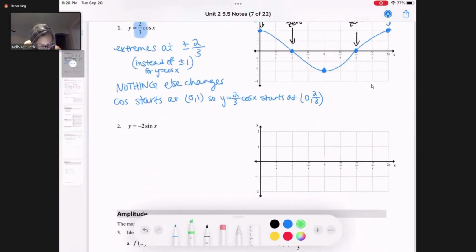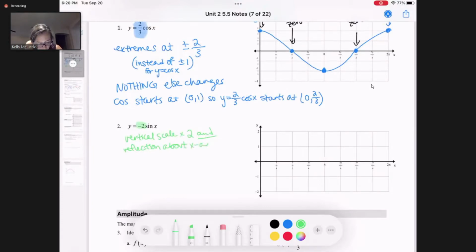So this here, this -2, is going to give us a vertical scale times 2 and a reflection. If you remember from your transformations, a reflection about the x-axis.